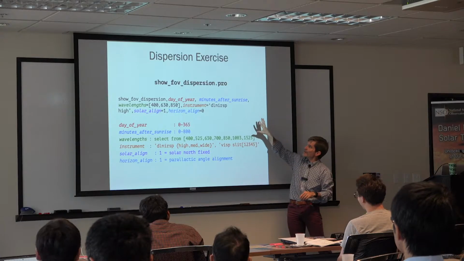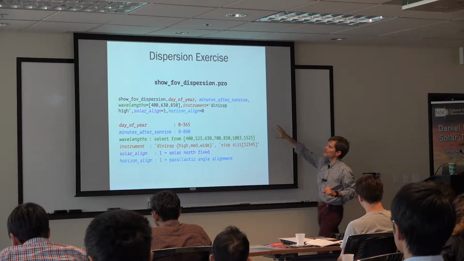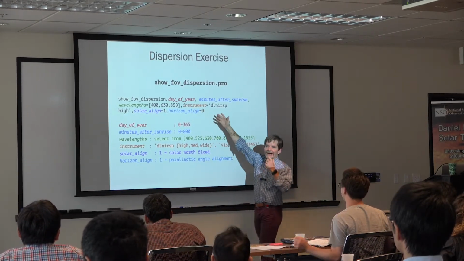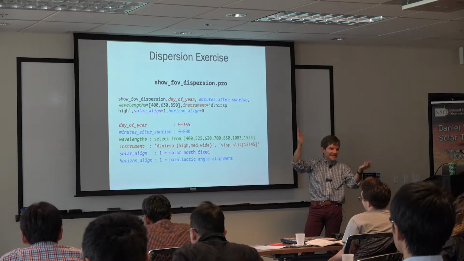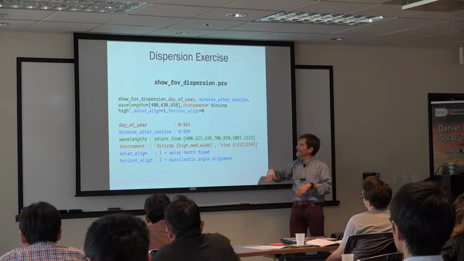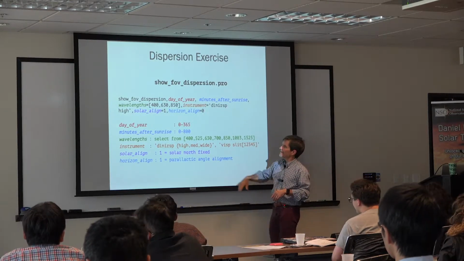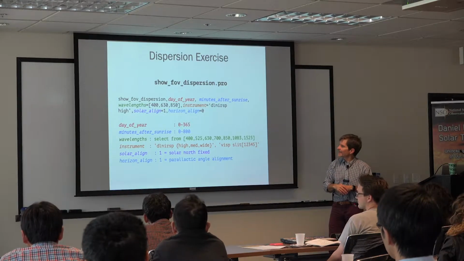So anyway, if you go on, we have this program, show field of view dispersion, and all you need to do is give it a day of the year, because as you saw, that dispersion effect varies with the day of the year and the minutes after sunrise, in the range of 0 to 800.